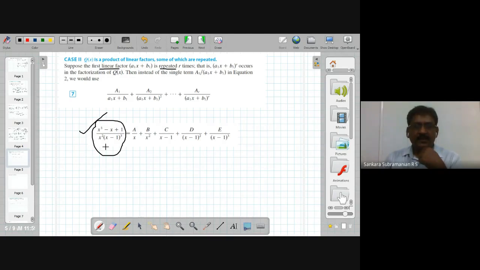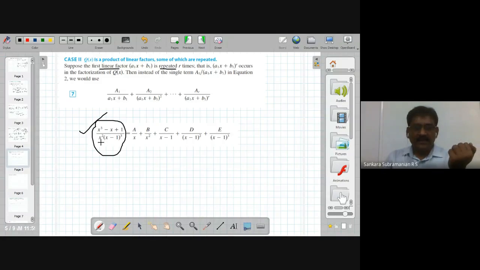In the denominator, x minus 1 whole cube means degree 3, and with the product x square, the total degree is 5. Therefore, it is a proper fraction, and we can go for partial fractions.